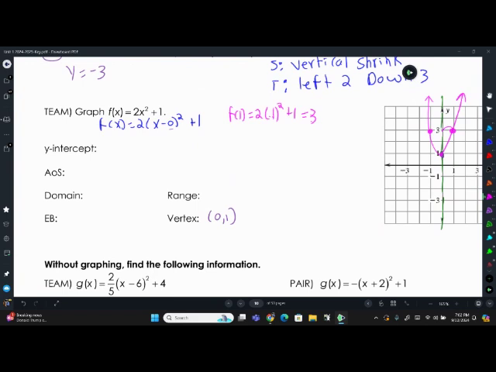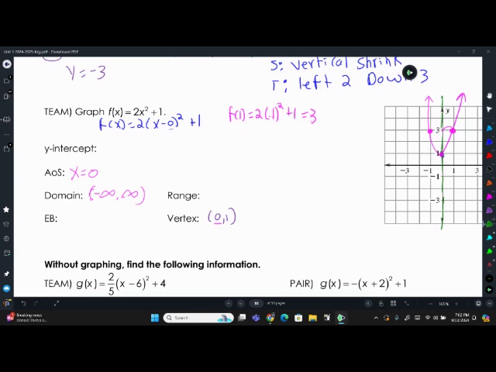We already graphed this. So our axis of symmetry is x equals 0, the x coordinate of our vertex. Domain, always negative infinity, infinity.